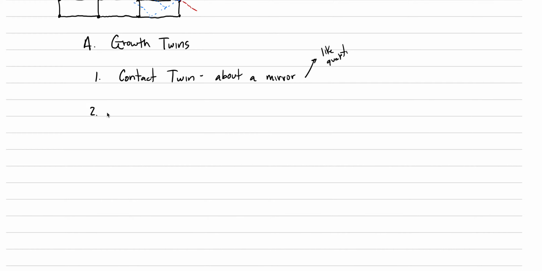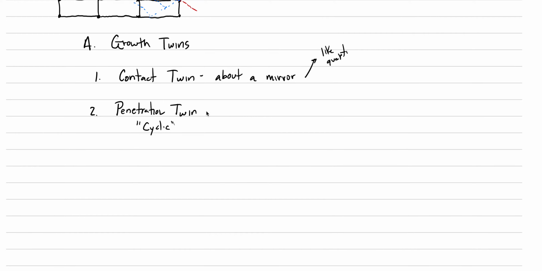There's another type of growth twin that's not about a mirror, but it's about an axis. And this is called a penetration twin. Sometimes these are called cyclic, when there's like a lot of them repeated.